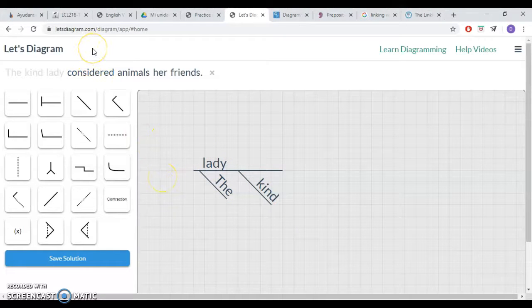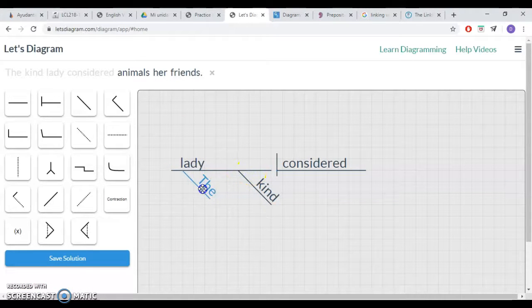Now what's the next step? Identify the verb. Now we know that it is considered, okay, considered, and it goes here. Remember that little line. We're going to move this a little bit. The closer the modifiers are to the word they are modifying, the better.